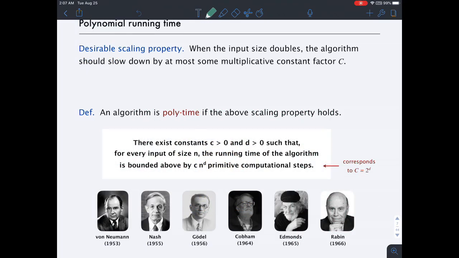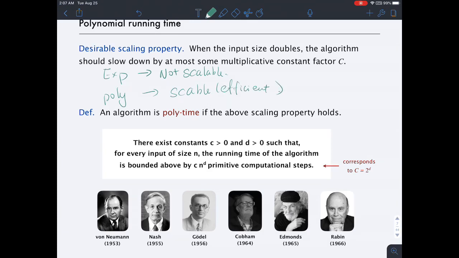So next, we move to understand how we can define the notion of an efficient algorithm. We know that when we have an exponential running time algorithm, we call that not scalable. On the other hand, naturally, when we have a polynomial time algorithm, we call that scalable, and sometimes we also call that an efficient algorithm.